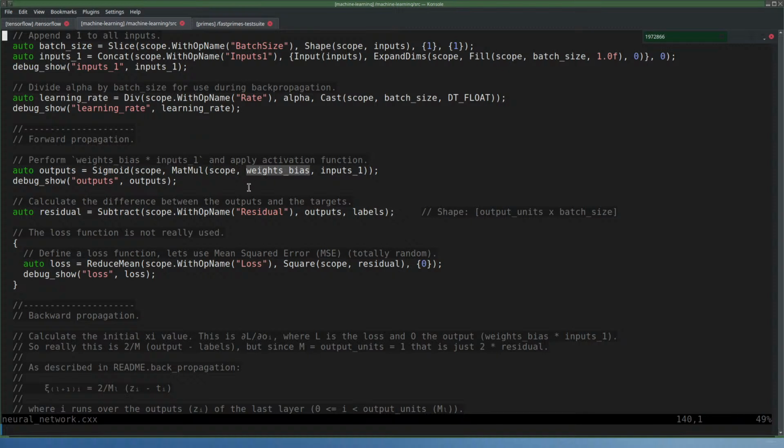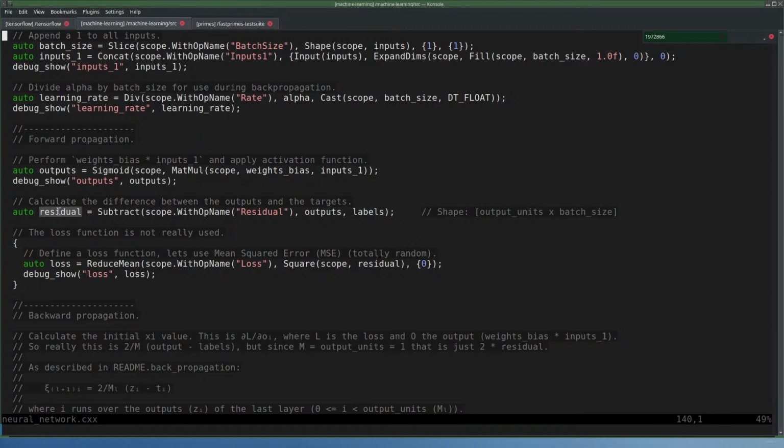So you multiply the weights bias matrix with the inputs with the 1. So the 1 gets multiplied with the bias and then added, just during a normal matrix multiplication. So then you get weight times input plus weight times input plus 1 times the bias. And then we take the sigmoid of that, and those are our outputs.